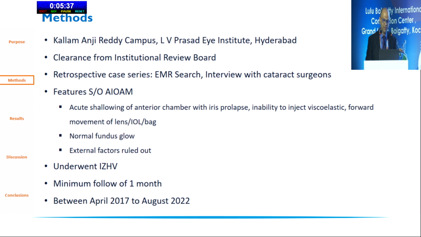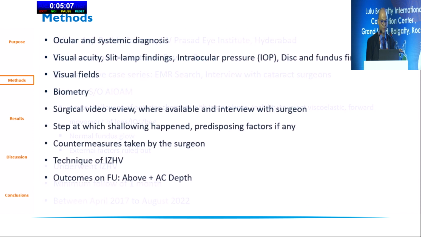This institutional review board approved retrospective study looked at patients who had acute misdirection during phacoemulsification with characteristic signs like acute shallowing of anterior chamber with iris prolapse, inability to inject viscoelastic, and forward movement of the lens iris diaphragm, with a normal fundus glow and external factors being ruled out. The patients who underwent IZHV were included only if they had a follow-up of 1 month.